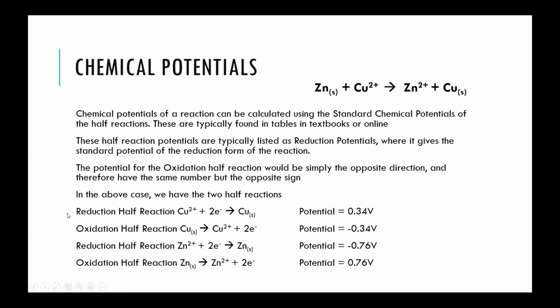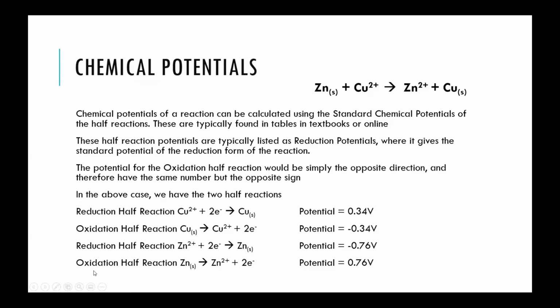So in the case of copper, for the reduction, it was positive 0.34 volts. The oxidation would be negative 0.34 volts. The reduction of zinc, zinc ion going to zinc metal, is negative 0.76 volts.